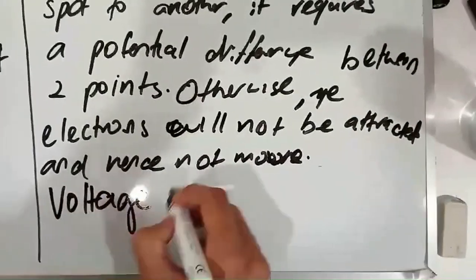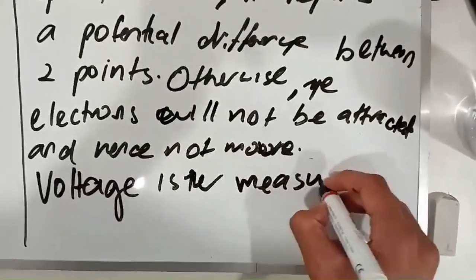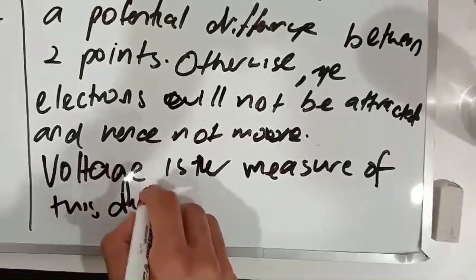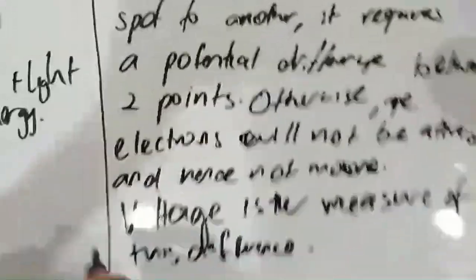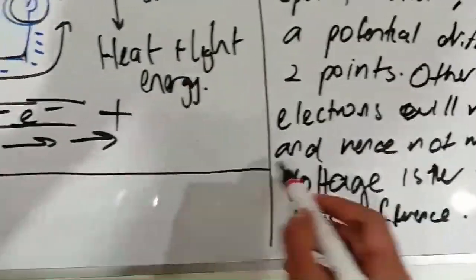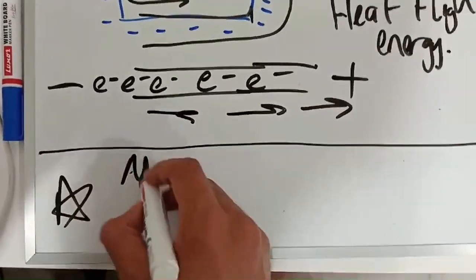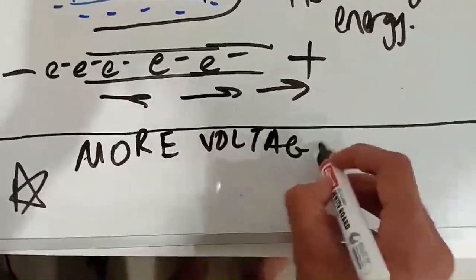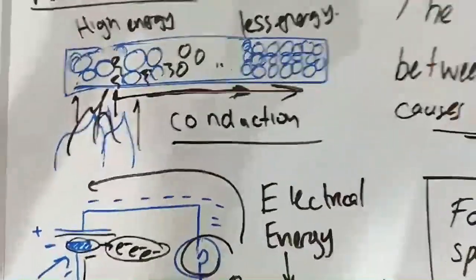Voltage is the measure of this difference. And so, more voltage, and this is where it gets interesting. Remember this for later. This is an important note. Write this down. More voltage, because if there's a greater difference, let's go back to this pole. If I heat this even more, there will be more energy transferring to the area with less energy.